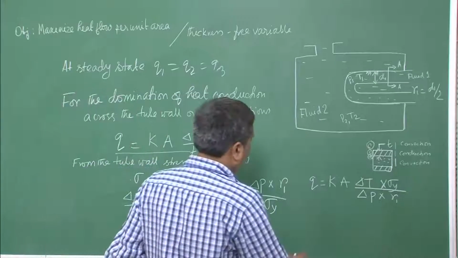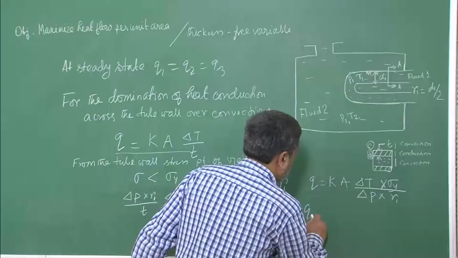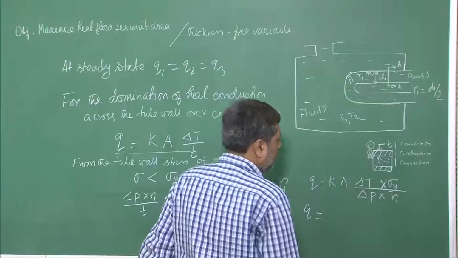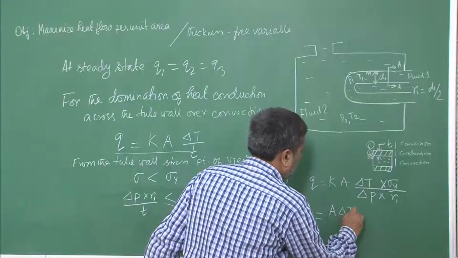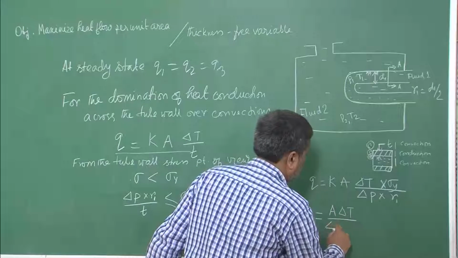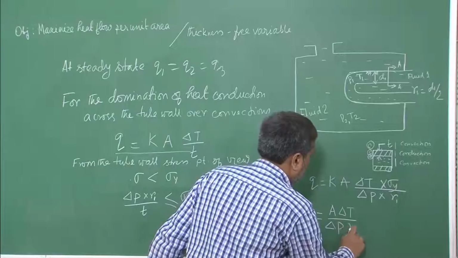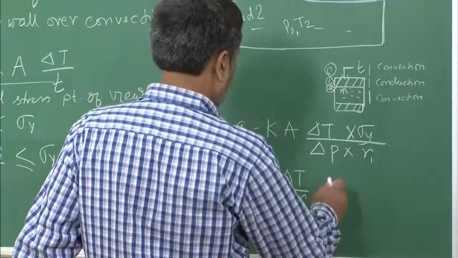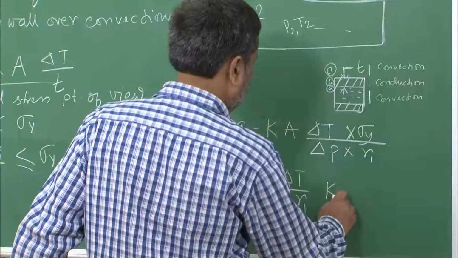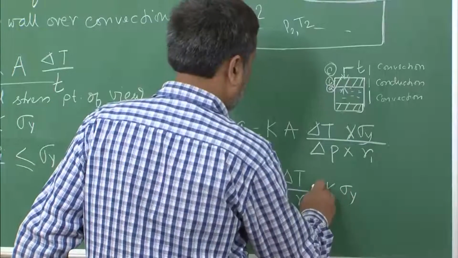So, I can also write Q equals, let us keep all the other parameters separate, A delta T over delta P R1 and K sigma y.